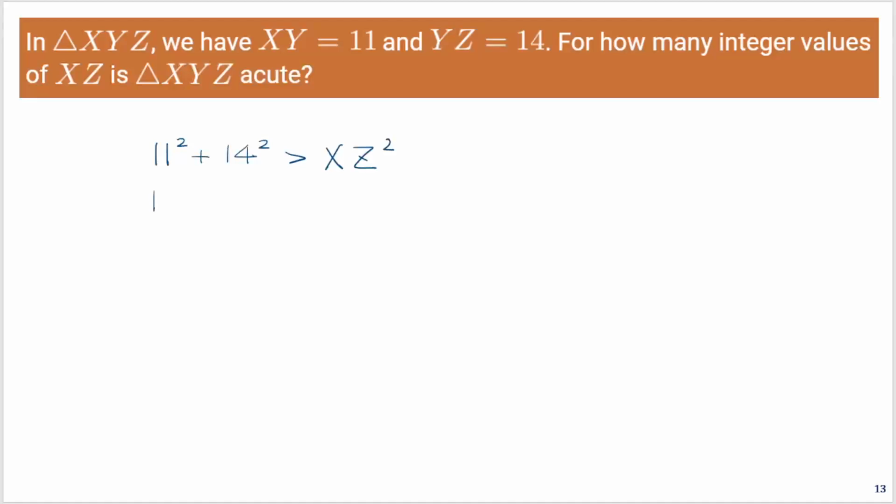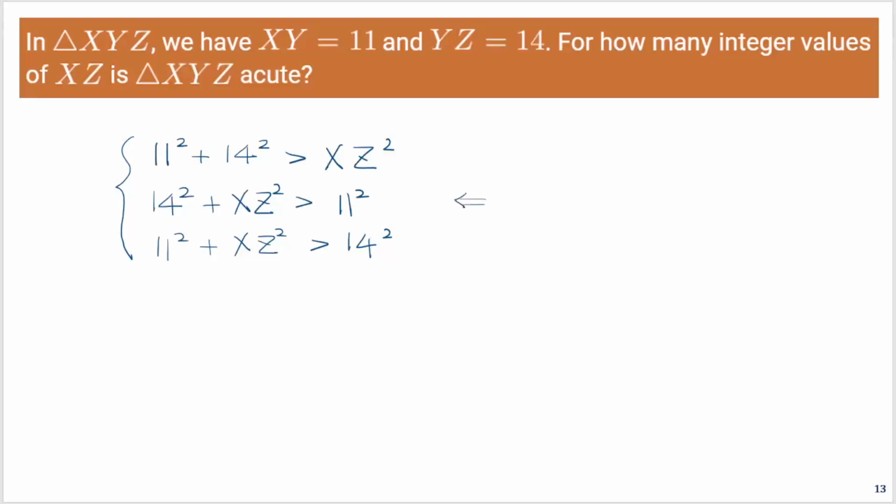And we also have 14 squared plus XZ squared must be greater than 11 squared, and 11 squared plus XZ squared must be larger than 14 squared, right? All of these inequalities must be satisfied.